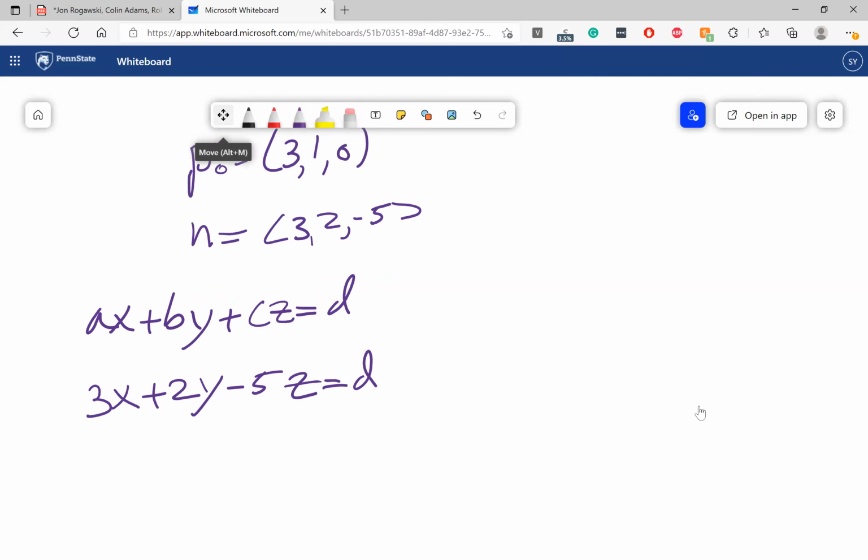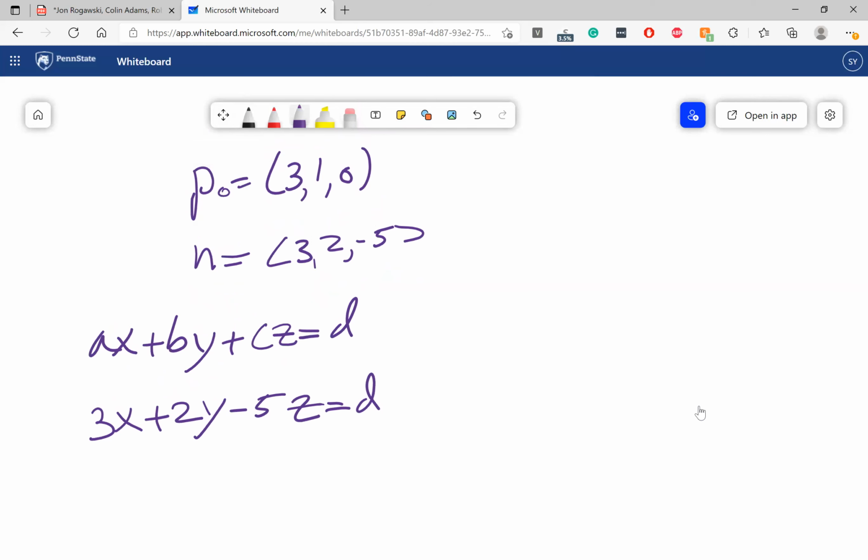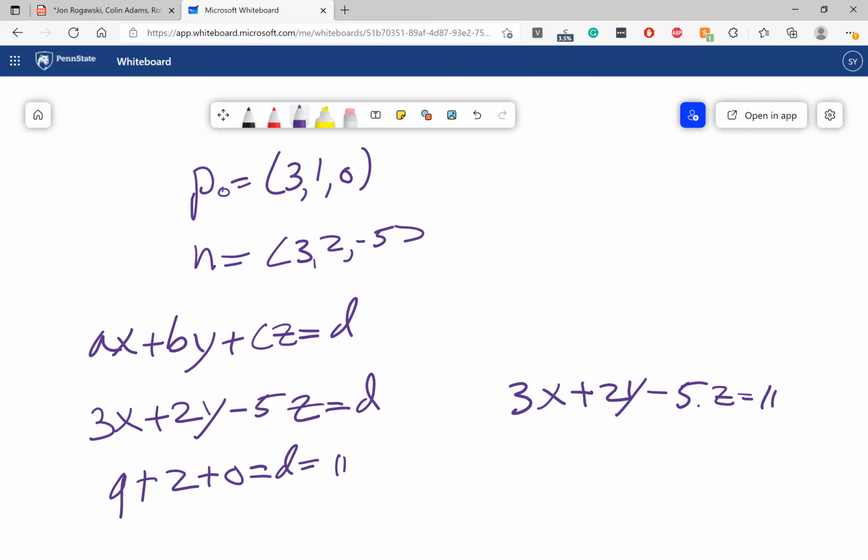Then we plug in our point P0 and we get 9 plus 2 plus 0 is equal to d, which is equal to 11. So we get 3x plus 2y minus 5z is equal to 11.